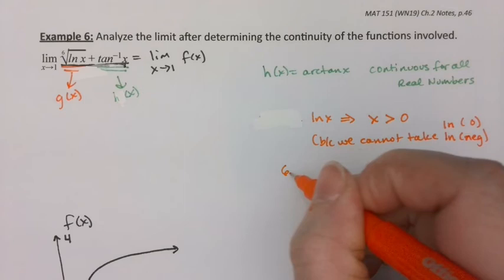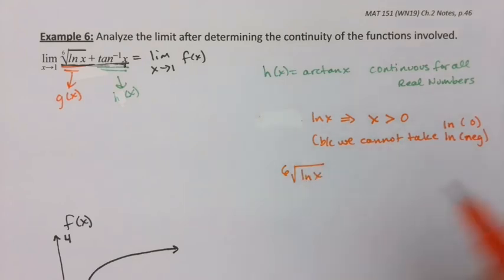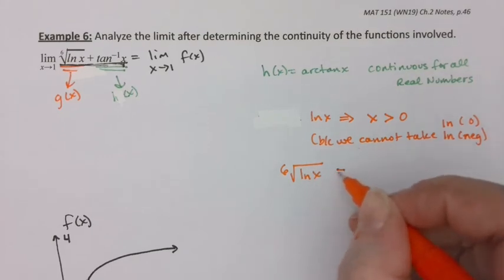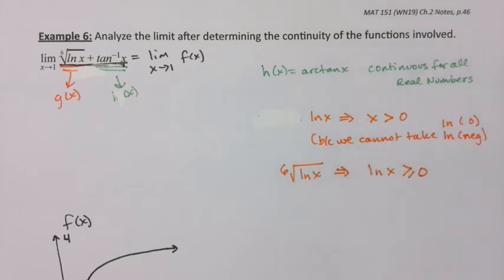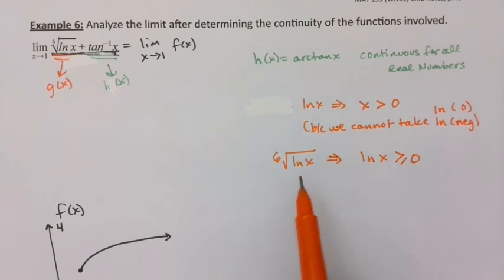Now the 6th root of the natural log of x. The thing about a 6th root is that the number in here has to be greater than or equal to 0. So since it's the 6th root, the natural log of x has got to be greater than or equal to 0, because the lowest I can go is the 6th root of 0, which is 0.